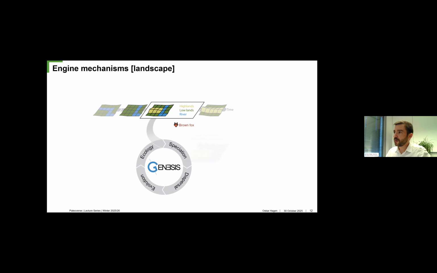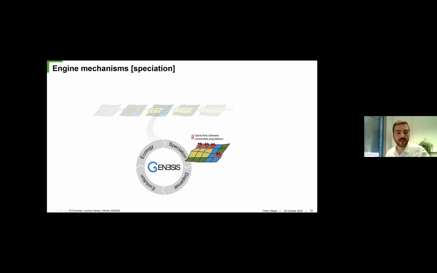Okay, so we start with the speciation, where we basically account for gene flow between populations. And here we see gene flow happening between these connected populations, but there is gene flow interruption between these two populations. And this can happen because of landscape properties, but also depending on the species properties, such as dispersal abilities.